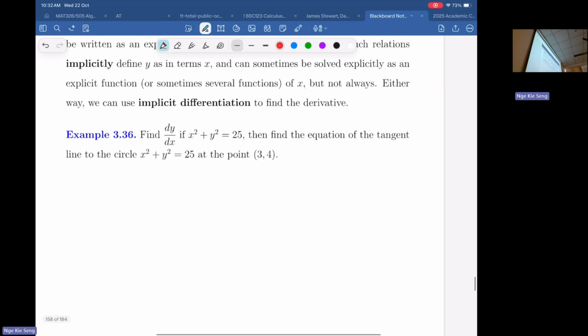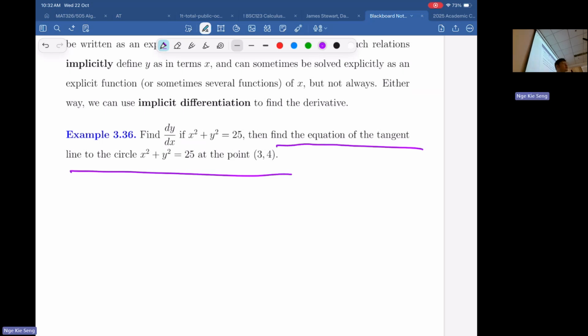From this question, we want to find dy/dx, and then find the equation of the tangent line. Do you still remember how to find the equation of the tangent line? What's the ingredient to define a line?